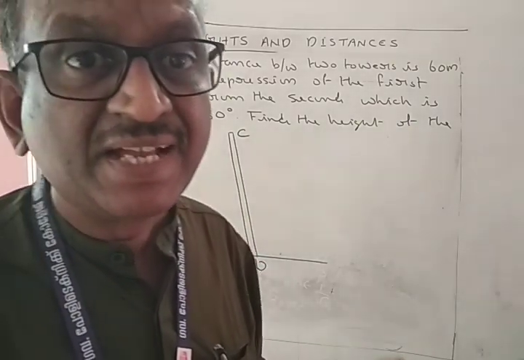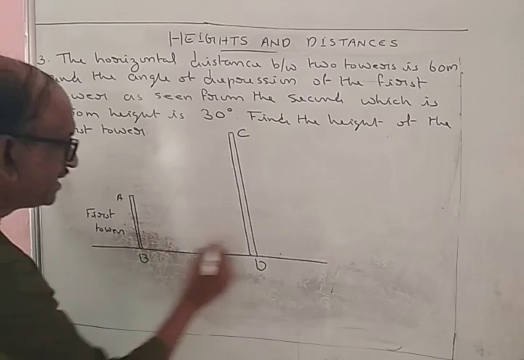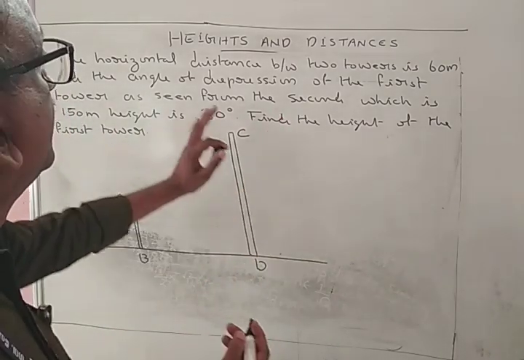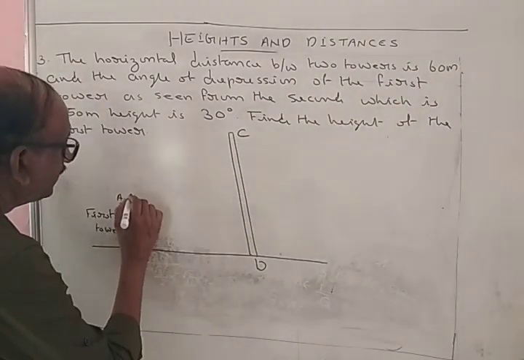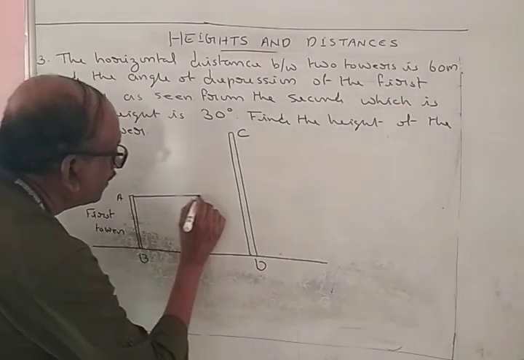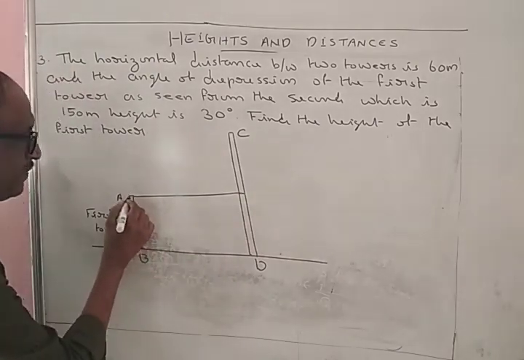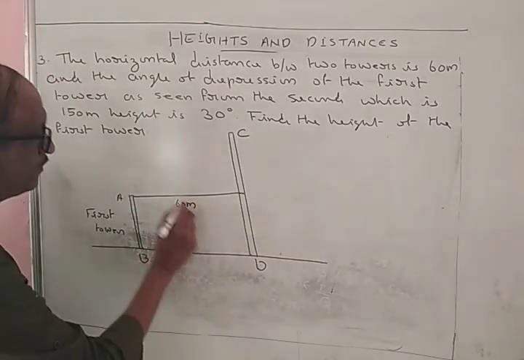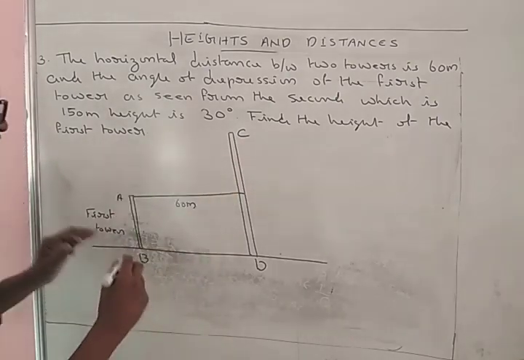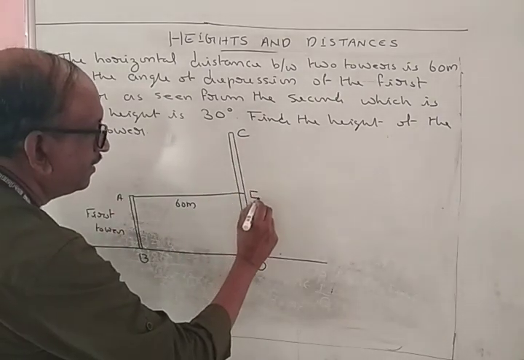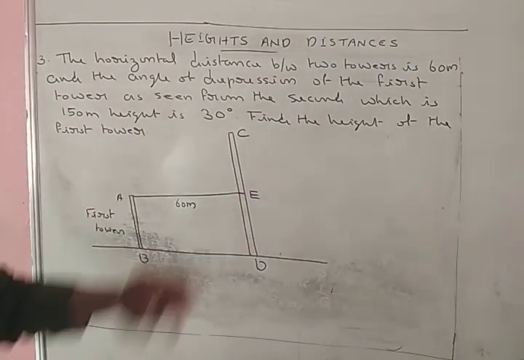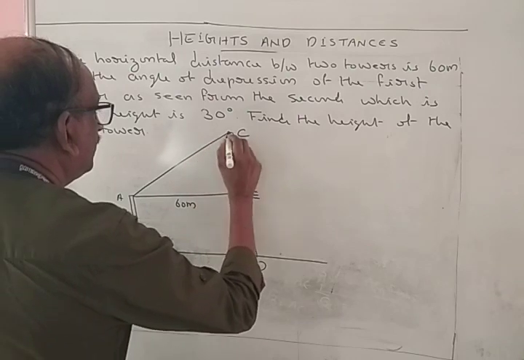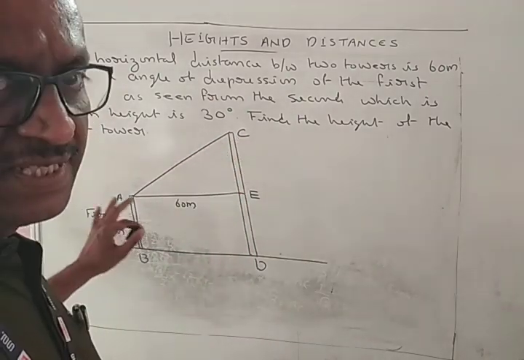CD is the second tower. Then the distance between these two towers is 60 meters. Mark the point as E, and complete the triangle. That is, draw AC, we get a triangle.